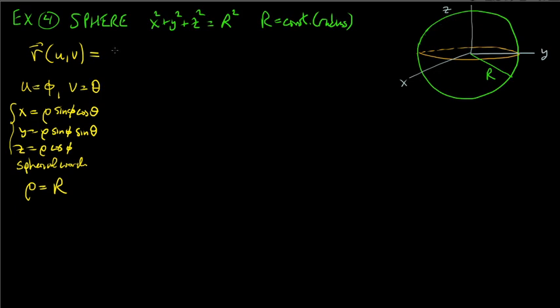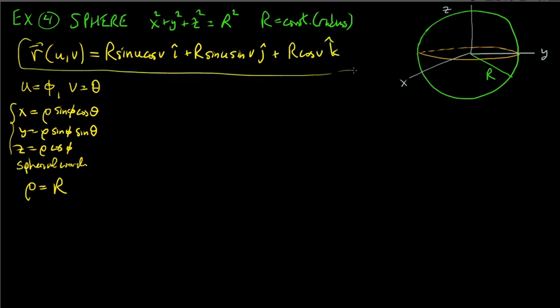All right, let's try it again, right? r sine u cosine v times i plus r times sine of u times sine of v times j plus r times cosine of v times k. So this is our perfectly good parameterization of the sphere, and it's not complete yet because we need to give the bounds on u and v.